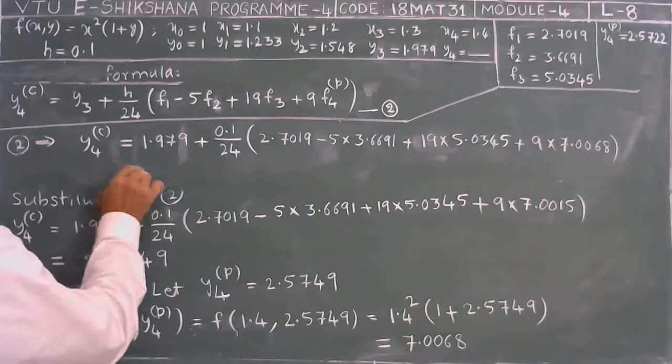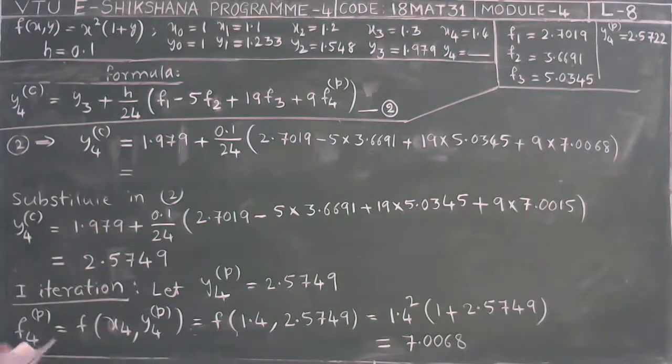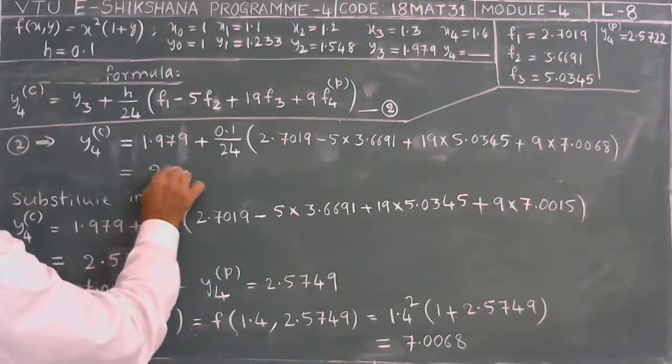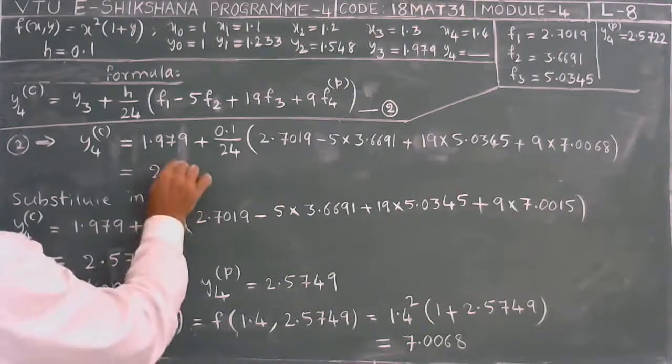So if you carefully compute this, the first iterated value is 2.5751.